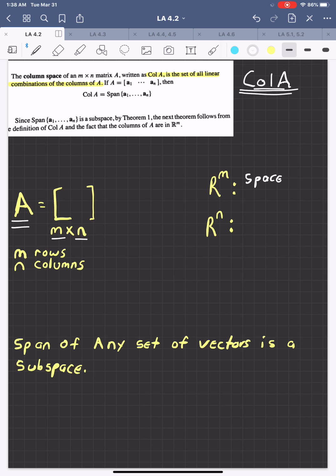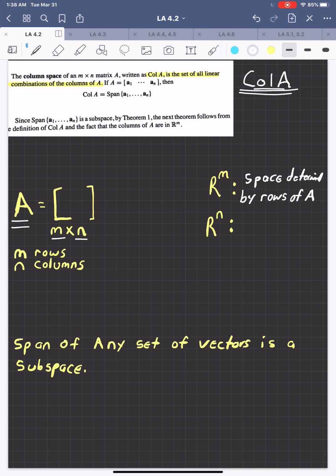It's just the space that is determined by what? By m rows. So it's the space that is determined by the rows of matrix A. Right?